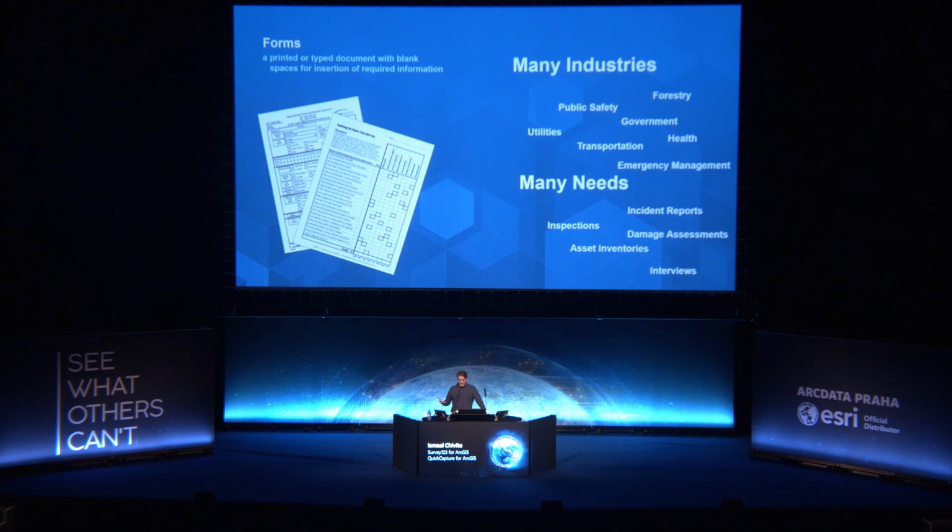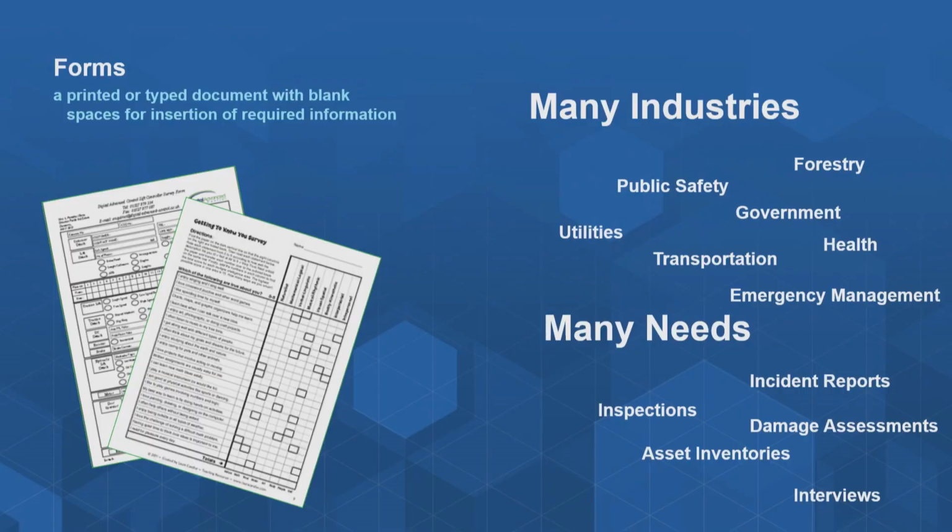So from an overview perspective, Survey is really about forms, and the concept of a form is simple. It's like a piece of paper with spaces and questions where you can add data. Forms are important because it's the most natural way for people to enter data into a system, and it has applications in many different industries.